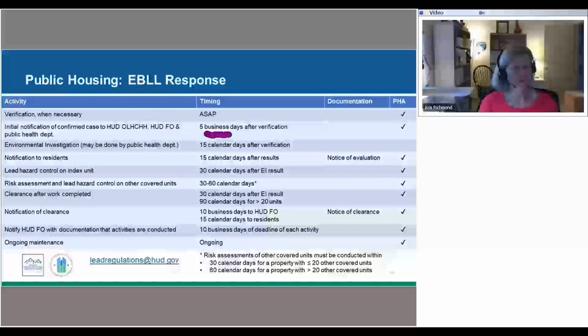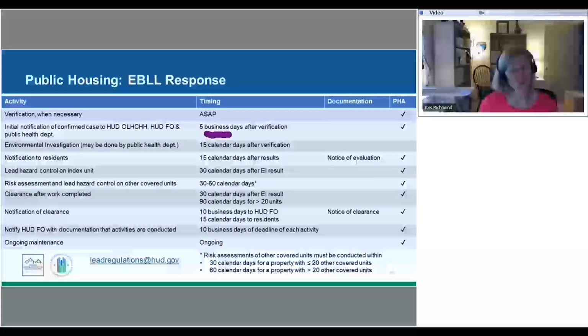And then an environmental investigation of the index unit. Remember, that's the unit where the child is living. An environmental investigation needs to happen, and that's going to include a risk assessor doing a risk assessment of that unit. They're going to be doing a family interview. They're going to be testing other things that they see. Perhaps there are cups or plates that the child's eating off of that might have some type of glaze that has lead in it.